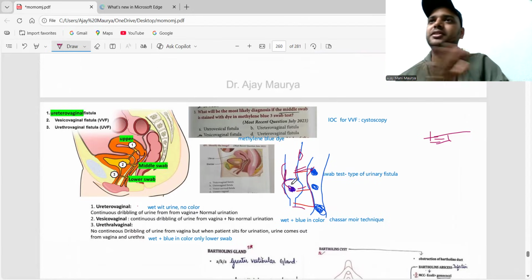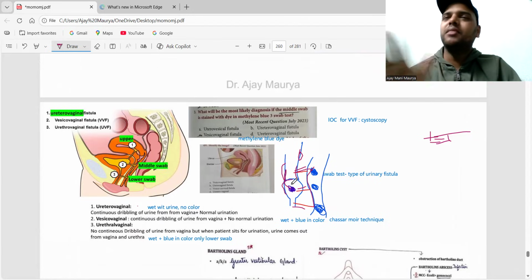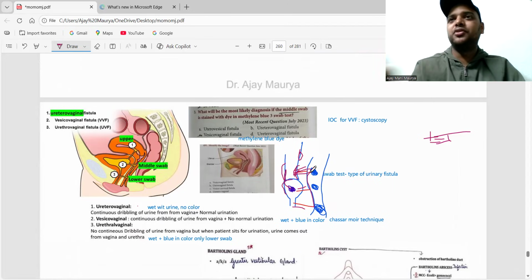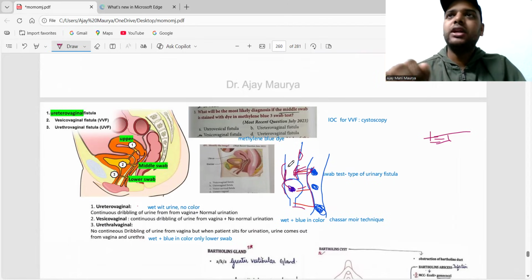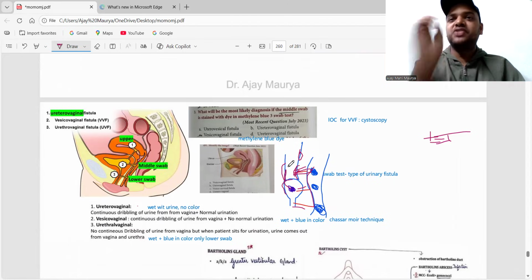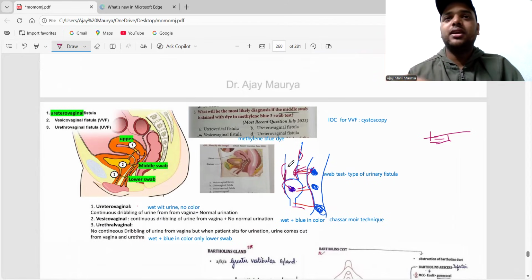So there is a normal urine flow, but only one thing is important here: the urine from one side is going to flow into the vagina. That's why there is dribbling from the vagina.